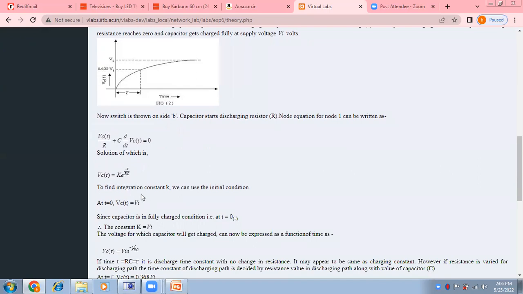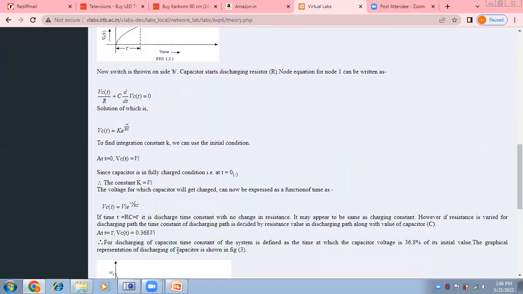To find the integration constant k, we can use the initial condition that at time t equal to 0, Vc(t) is equal to Vi, since the capacitor is in fully charged condition initially. Therefore the constant k is equal to Vi. So the voltage across the capacitor can now be expressed as a function of time as Vc(t) equal to Vi e power minus t upon tau.